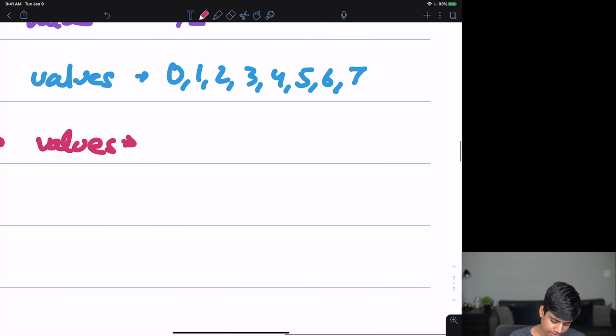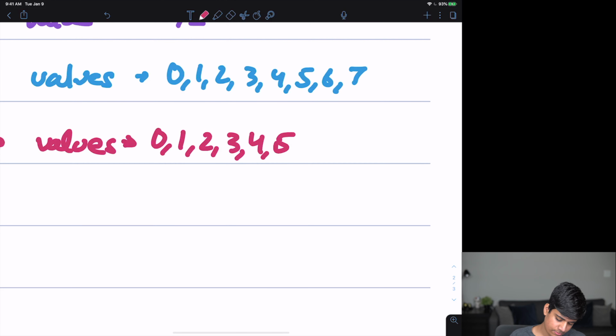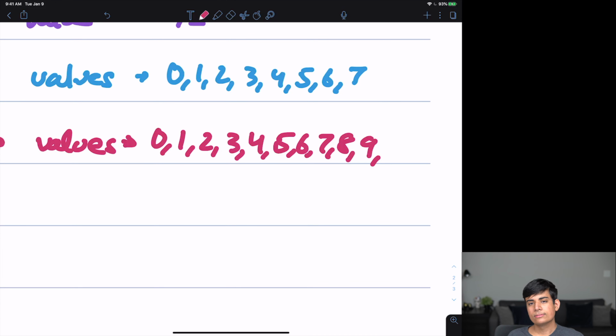So I start out with 0, 1, 2, 3, 4, 5, 6, 7, 8, 9. But wait, what's after 9? Because once we get to 9, if you think about it, we get to 10. We can't use 10 because 10 is just two numbers. So really, now I have to start using letters.